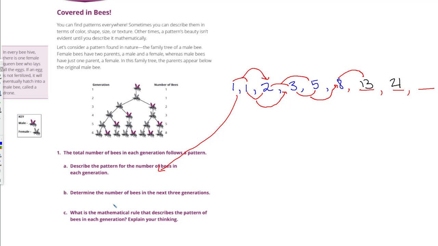So far, we've got 13, and that's in the 7th. The 8th is going to be 21. And then to get to the 9th generation, take 13 and 21, and that's what we add together to get it. And so we have 34.